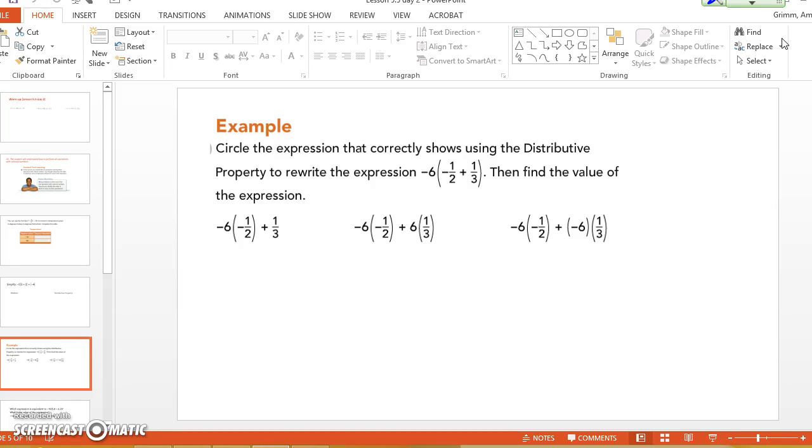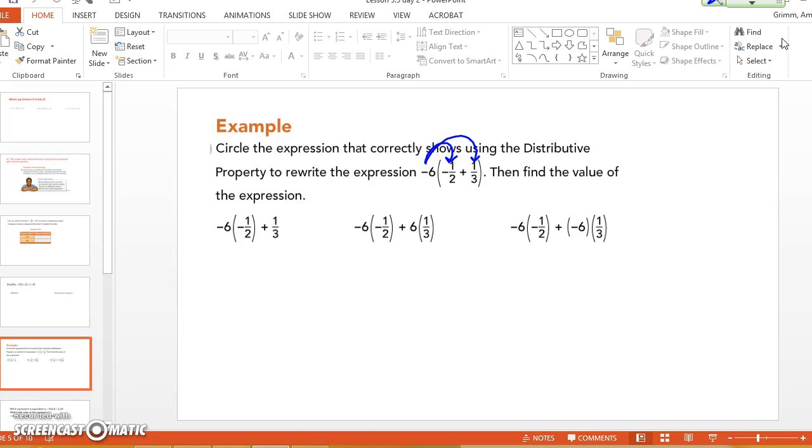There he is. Okay, so they're going to want you just to write the expression, okay? So you don't even have to solve this one. You just have to rewrite the expression using distributive property, okay? So distributive property is going to say I'm going to take this times this, and this times this. So now look through these 3. Which one shows that?